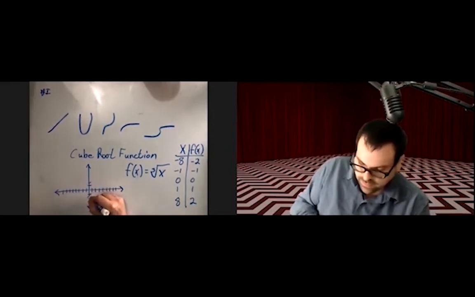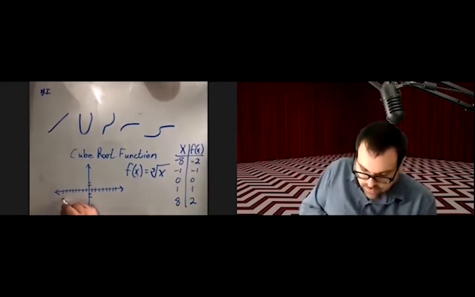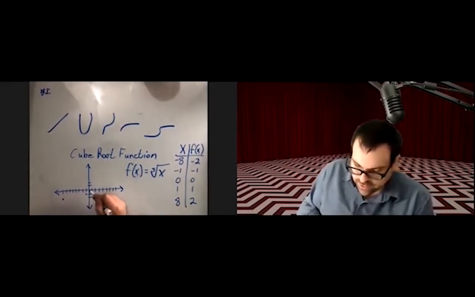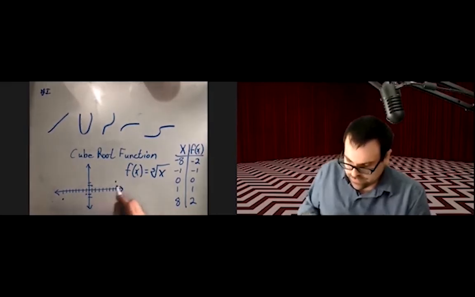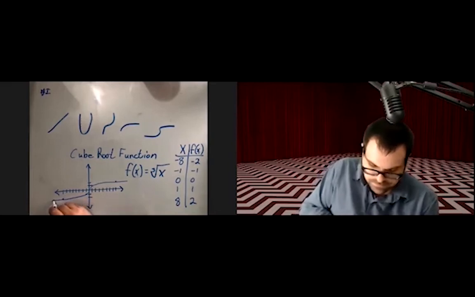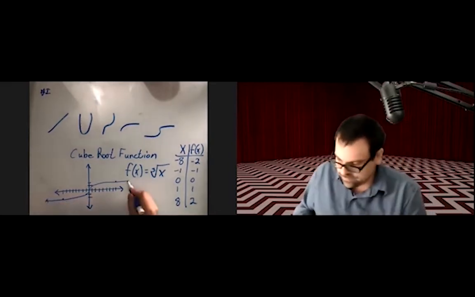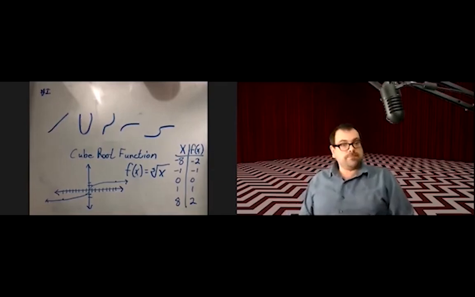I need 2 up, and I need 2 down. -8, -2. -1, -1. 0, 0. 1, 1. 8, 2. And that's the graph.